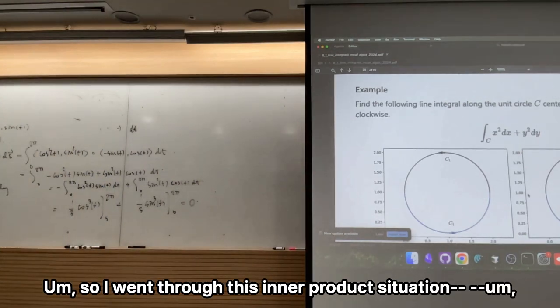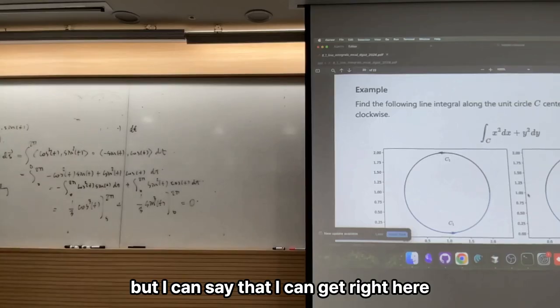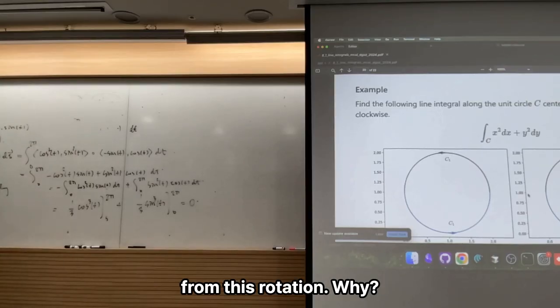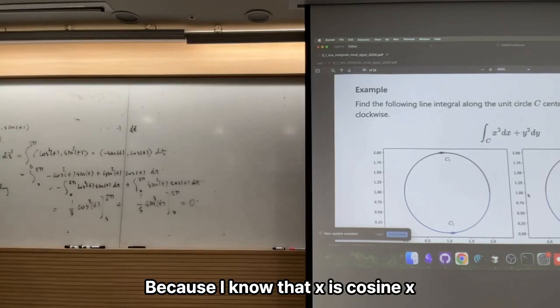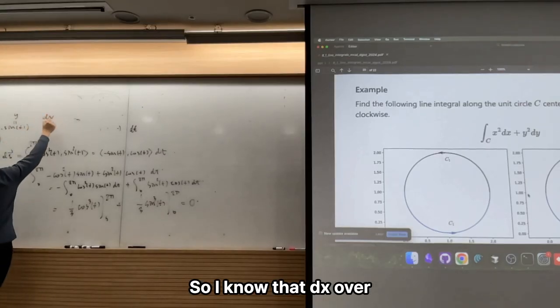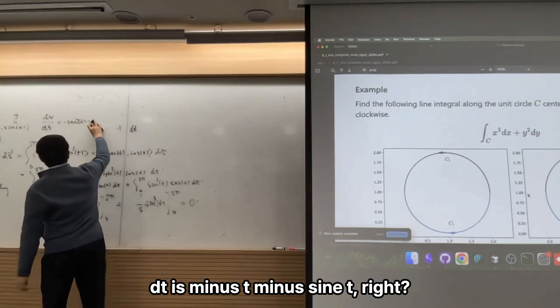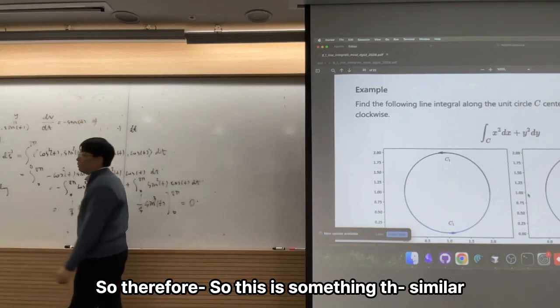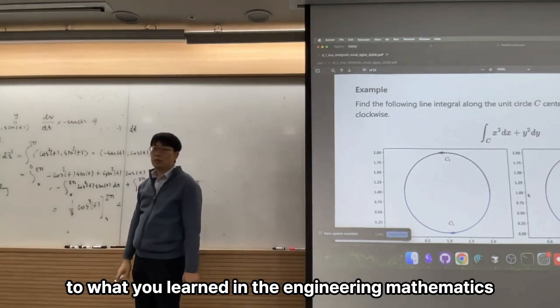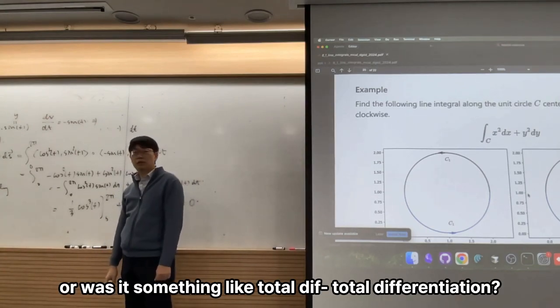So I went through this inner product situation in order to get this, but I can also get it right here from this notation. Why? Because I know that x is cosine t, and y is sine t. So what is dx? I know that dx over dt is minus sine t, right? This is similar to what you learned in Engineering Mathematics 1 in the previous semester, something like a total differentiation.